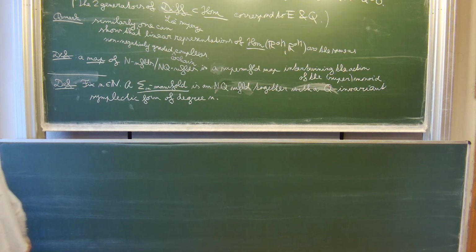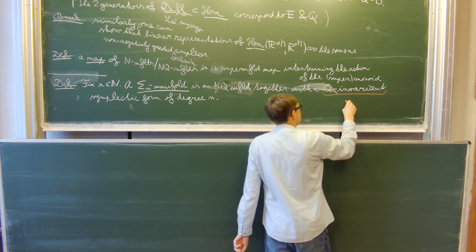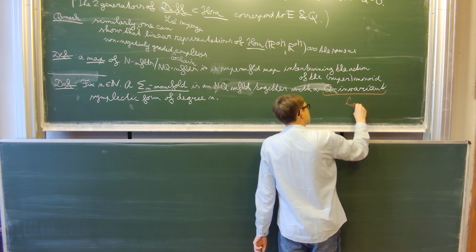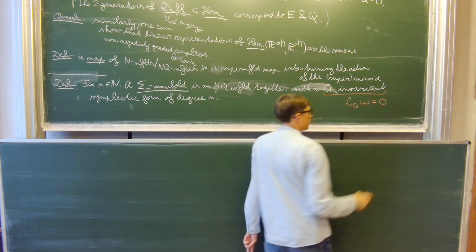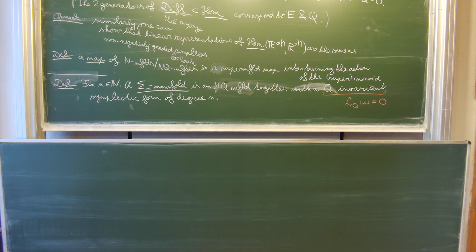Now a couple of clarifications. Two things I should explain. Q invariance, probably not very surprising, means that it's invariant under the action of Q. So if I take the Lie derivative, it is 0. Equivalently, you can say that Q is a symplectic vector field.